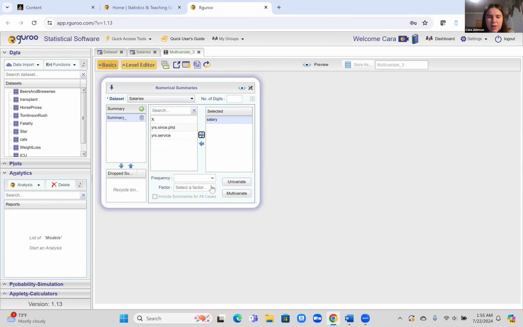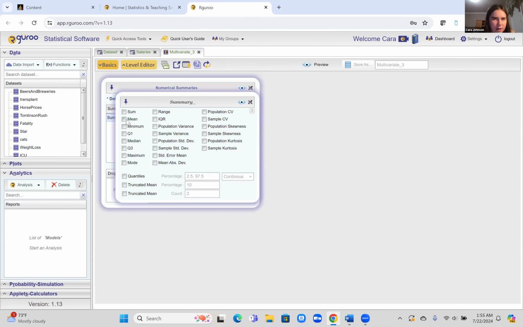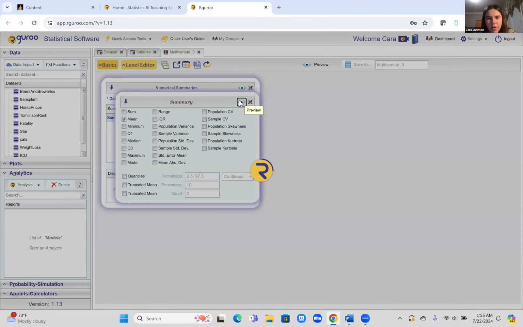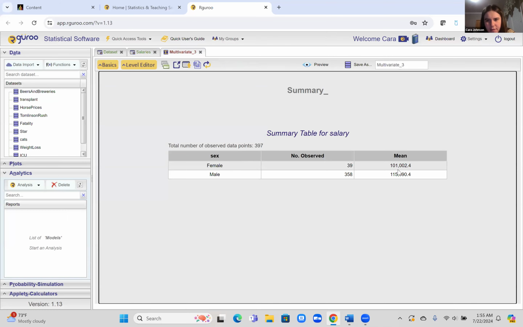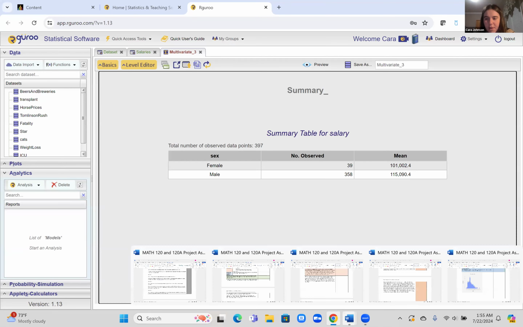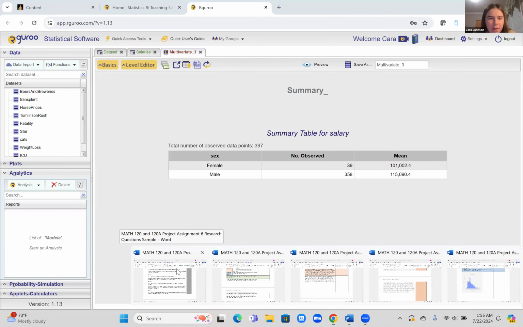Then you can select a factor that you're splitting it on. I was splitting it on sex. Then univariate, and I'm looking to compare the mean. That gives me the male mean and the female mean. I can see the male mean is higher than the female mean. So that's going to form the basis for my hypothesis here.